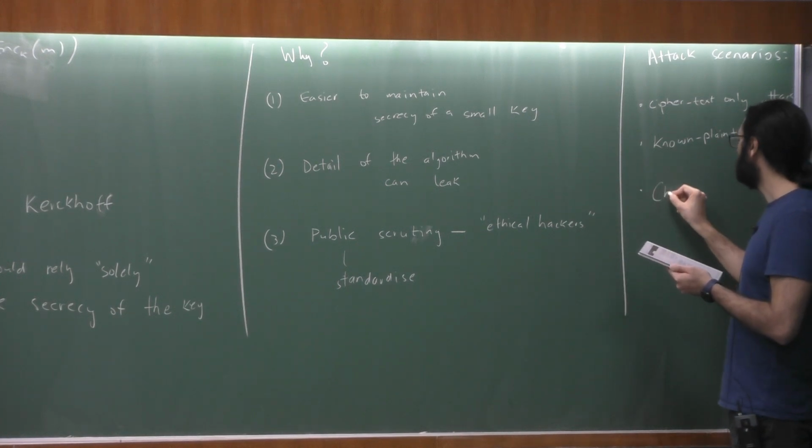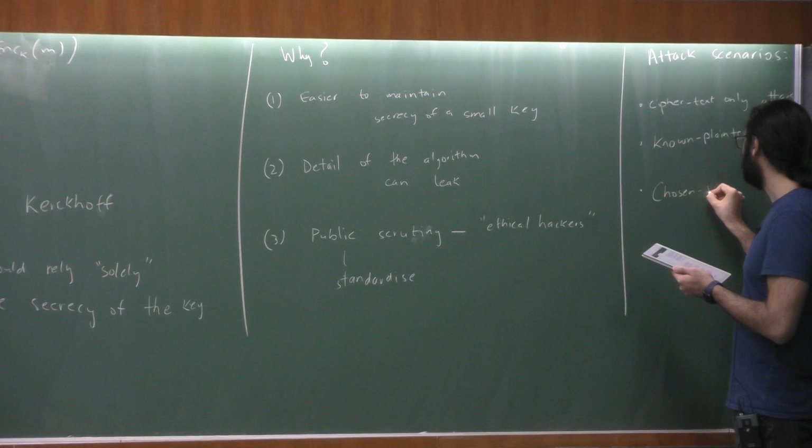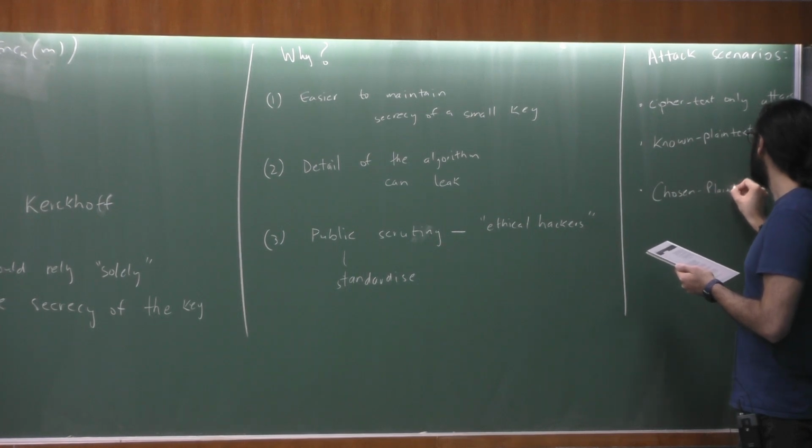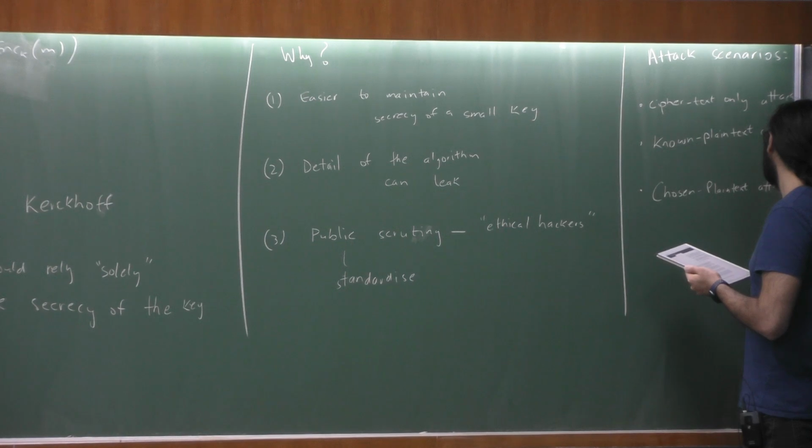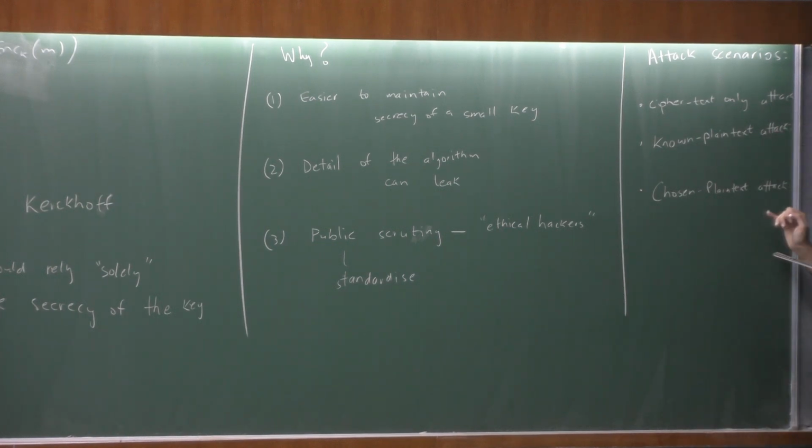Okay, then there's something called the chosen plaintext attack. Here we allow the adversary to pick a sequence of messages, which are going to be different from the message he's trying to decrypt.